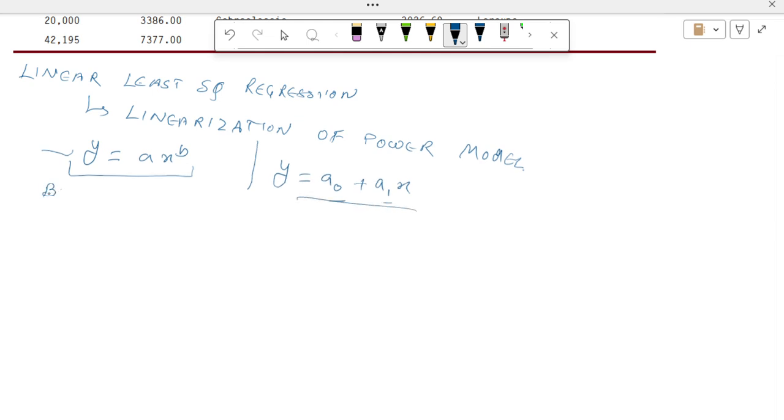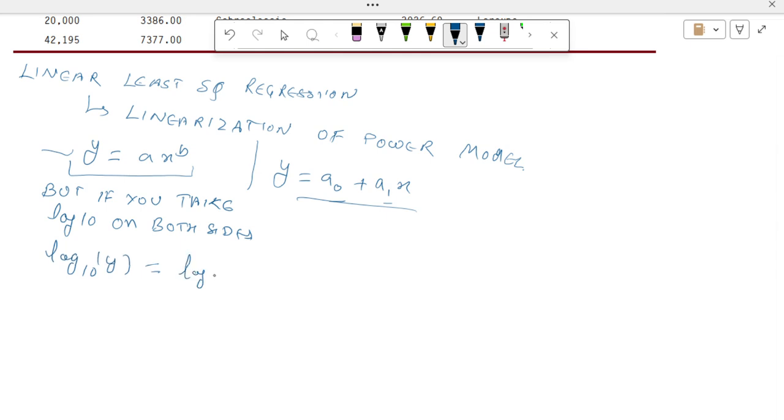But if you take log base 10 on both sides, this will look like log 10 y is equal to log 10 a plus b log 10 x.